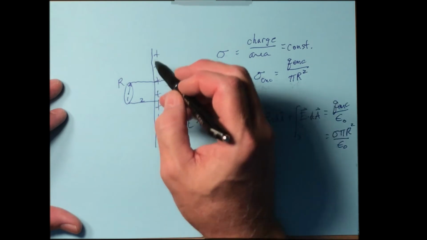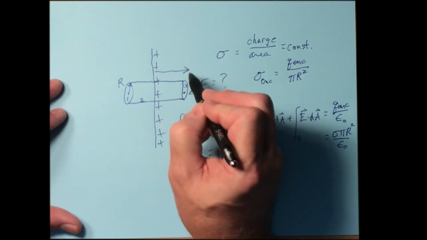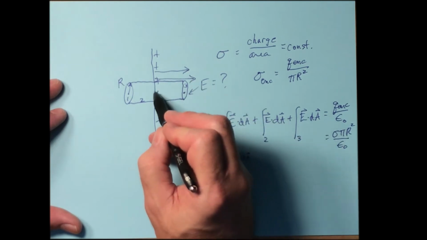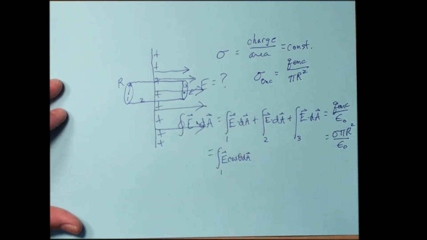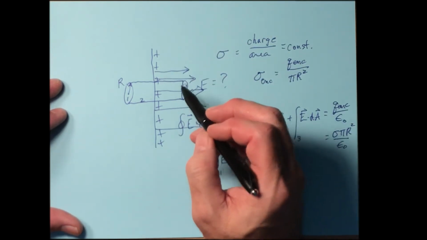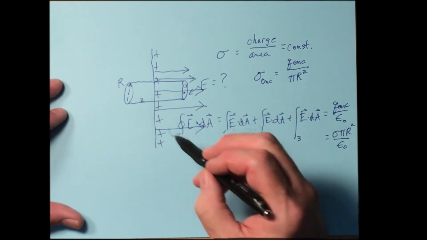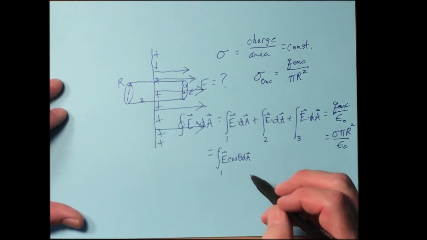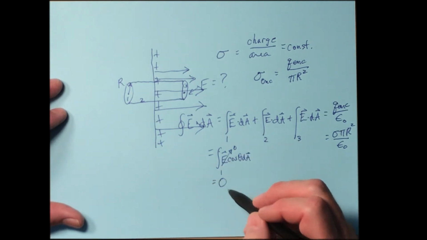In this case though, remember this is a thick conductor. The electric field lines, and we're assuming we're not close to the edge in any way, are going to point radially outward like that, normal to the surface. So over area 1 here, there is no electric field. That's inside the conductor. So the electric field is going to be 0. So this is going to be 0.